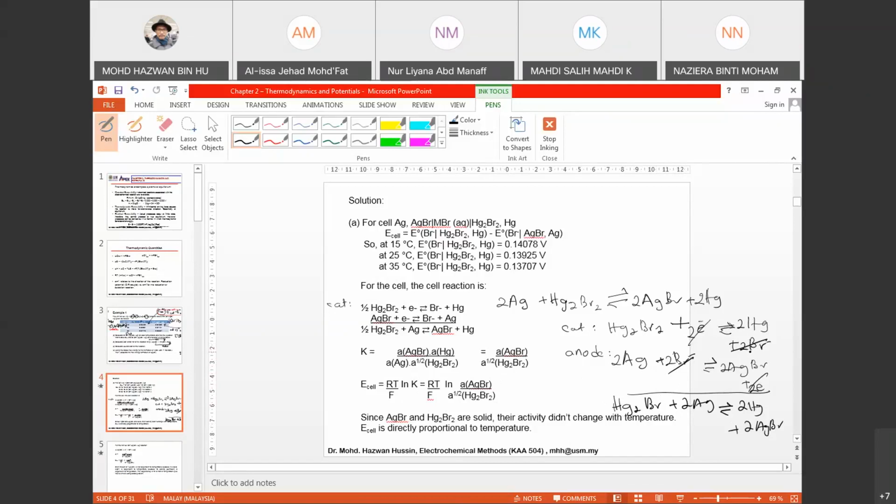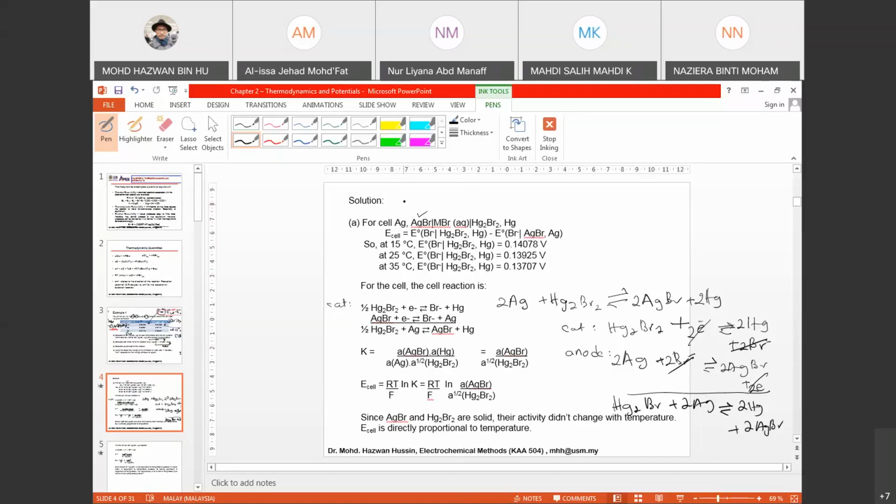Because the product over here, I consider it as AgBr. It's not forming Ag plus. If it is Ag plus, then I will not consider Br. But in the cell reaction, it is mentioned that the product is actually AgBr.